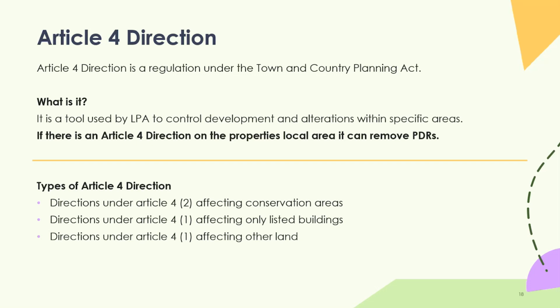You can use an Article 4 direction to restrict the number of HMOs or the size of the HMOs in particular areas to manage the growth of HMOs in that area. There are parts of the country where you've got loads of HMOs in a particular area, and it can really disrupt the feel of a local area.